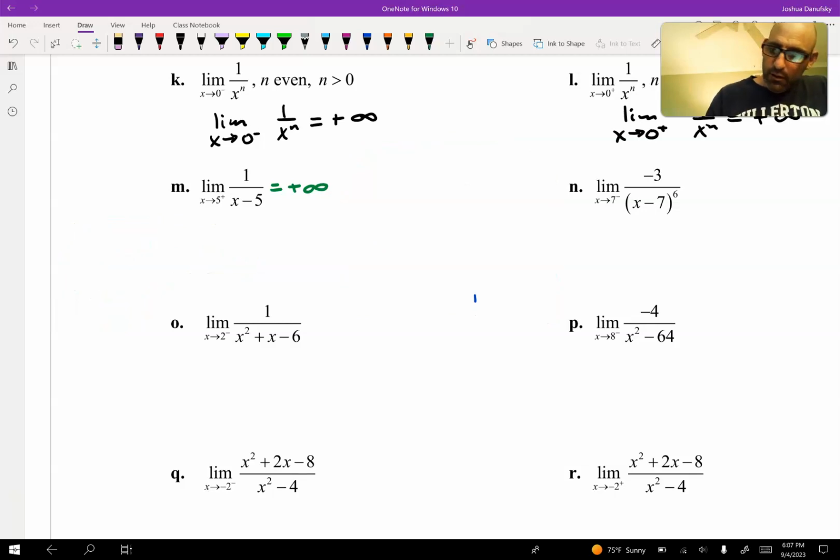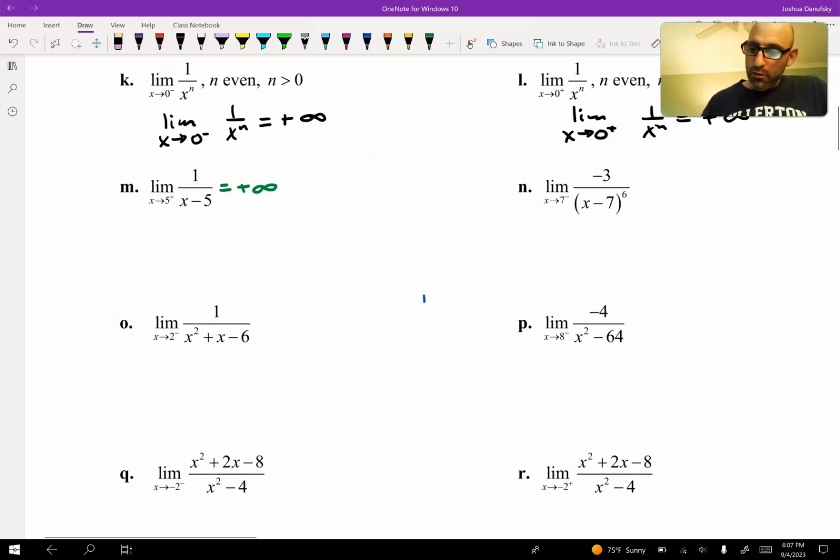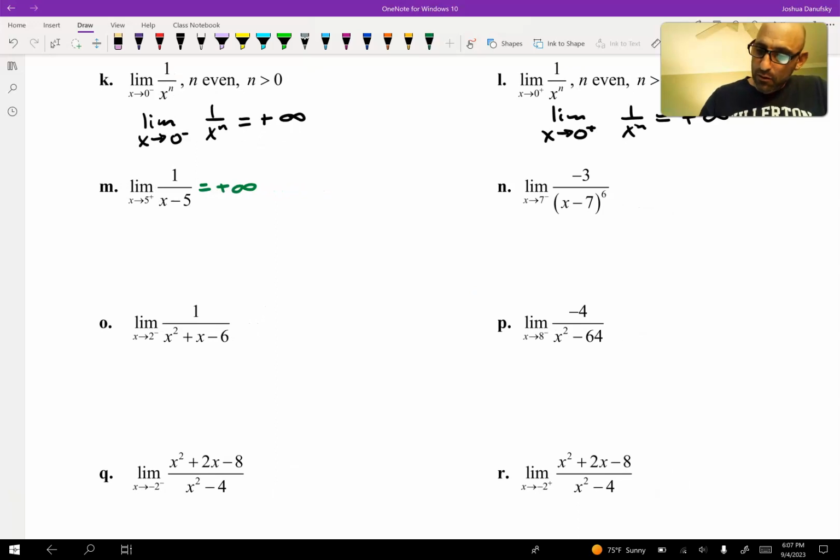All right, next one. Well, notice that we have an even exponent right there. So that means that no matter what we're plugging in the denominator, with the exception of 7, where we have a vertical asymptote, we're going to have a positive value, okay?